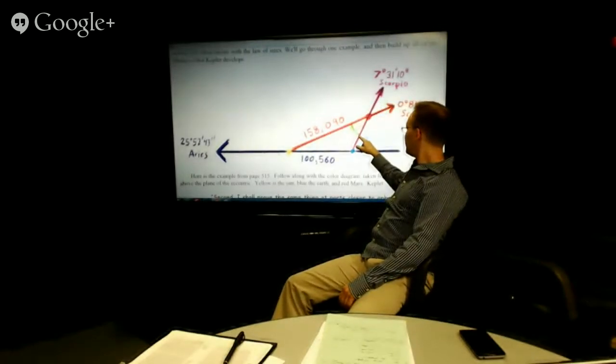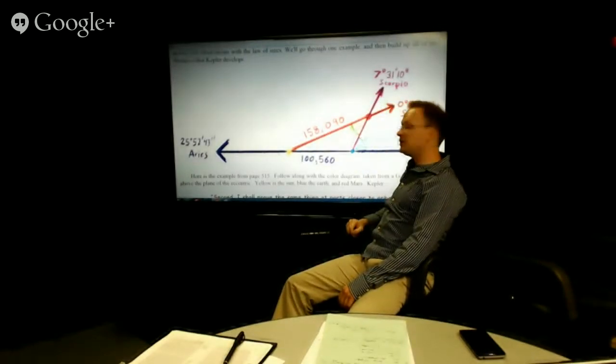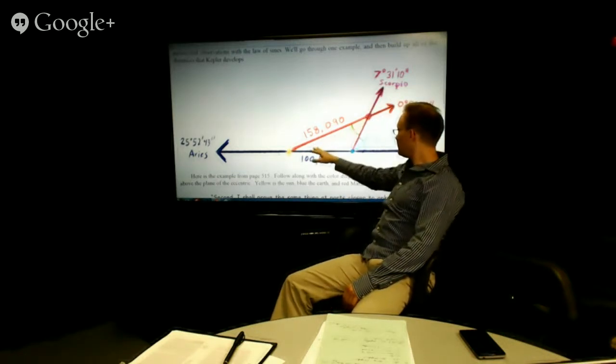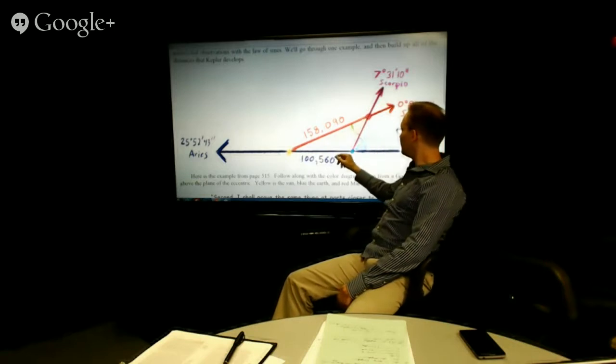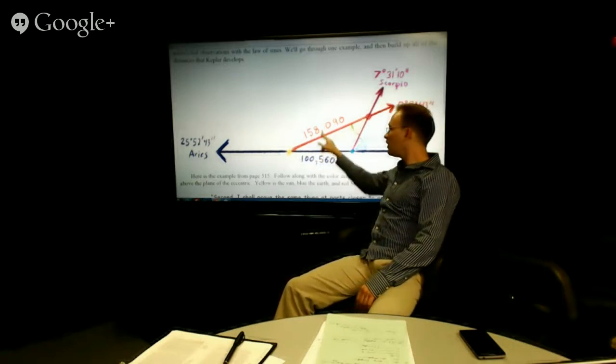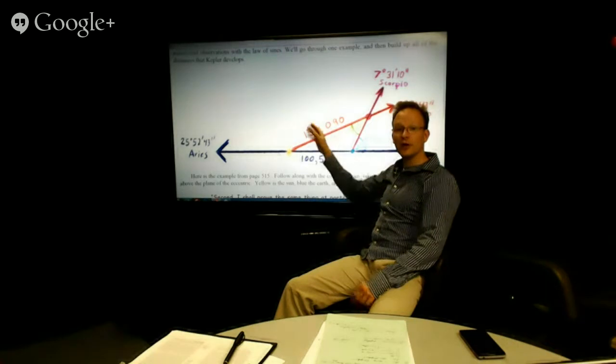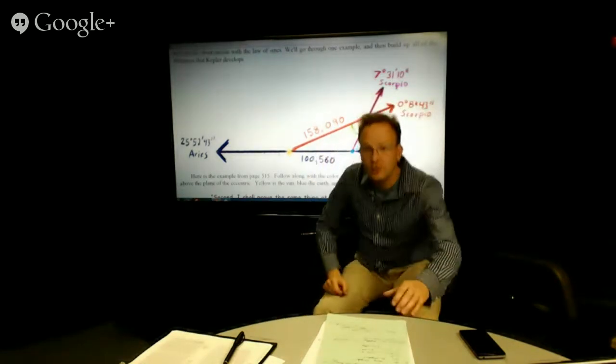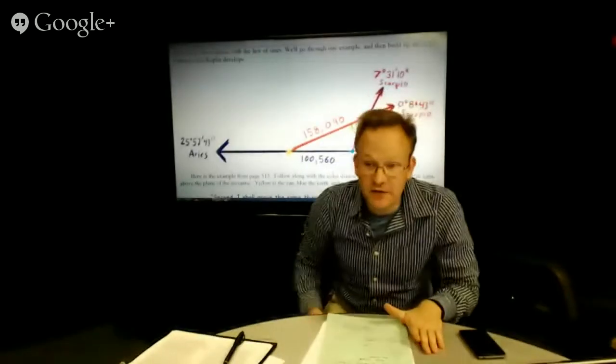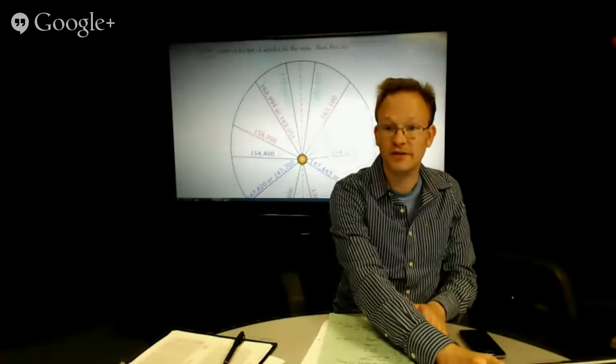He knows this angle, which is from the observation where the Earth sees Mars. So he's got these angles in the triangle, and therefore he can use the law of sines and figure out how far away Mars is from the Sun. So it's pretty straightforward. He does it in all these different places, and it's important because there's something very important about these distances, which, I don't know if you can see them.